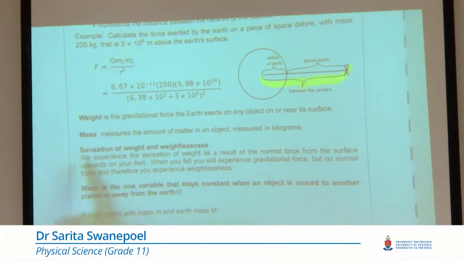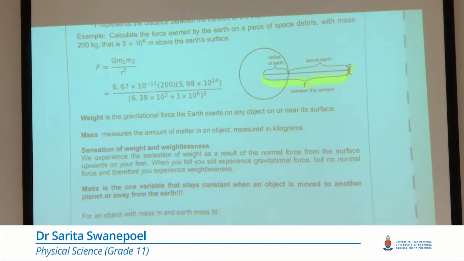Then weight and mass. Tell me, what is mass? Mass is just the measure of the amount of matter. It's your molecules. So when does that change? Does your mass change when you go to Mars? No. How do you change your mass? By going on a diet, or doing a lot of strenuous exercise.